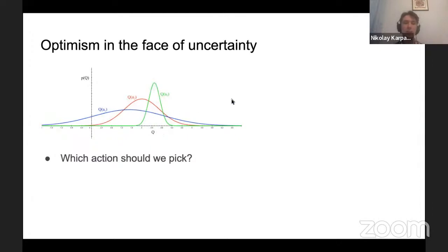Looking at these current estimates of probability, what do you think is the action that we should pick here? Just informally speaking, if we compare these three actions and our estimates of the rewards, which action do you think is the most promising here?